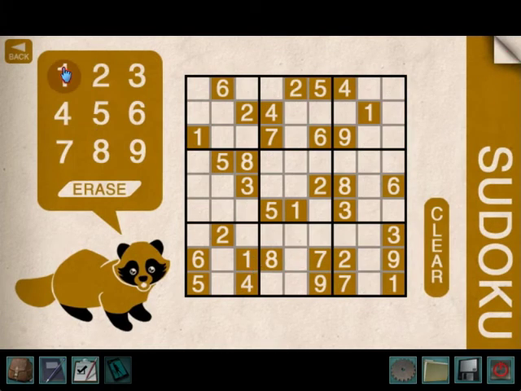Okay, Sudoku. What do we got this time? Let's go for ones again. So far, so good. Done with one. Two. Number two. No, okay, let's leave that alone. Threes.